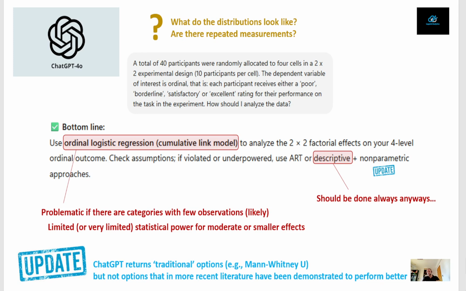Well, and then you would need to consider alternative models that take that repeated measurement structure into account. Because what this basic cumulative link model assumes, and also many of the non-parametric approaches that are suggested by ChatGPT, such as Mann-Whitney U, is that there is independence of observations.